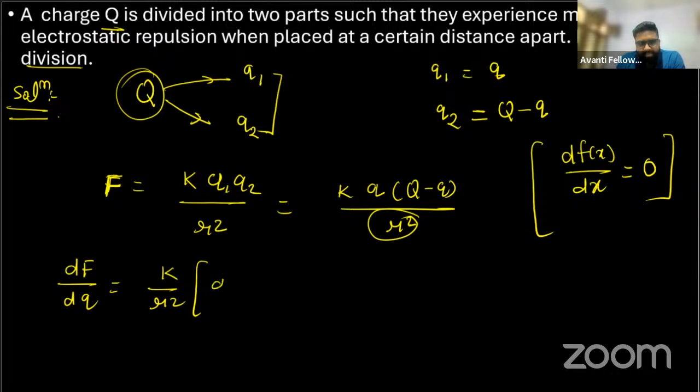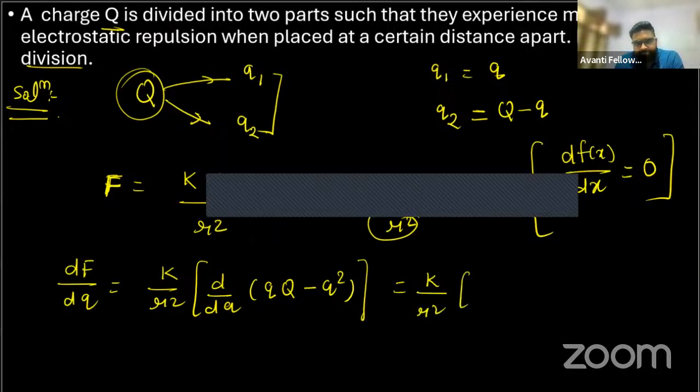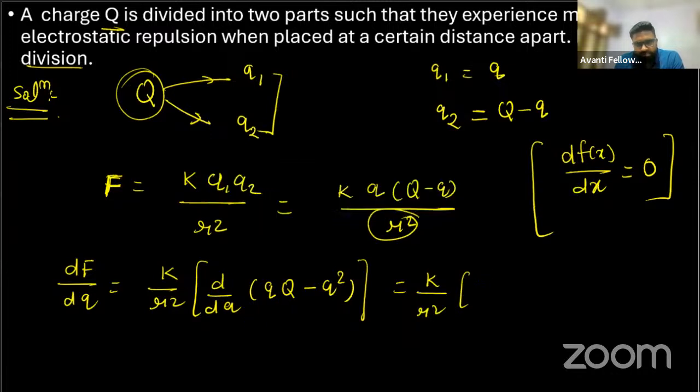When you multiply it, d by dq, it will become q capital Q minus q square. Now this capital Q is also fixed. So it will become k upon r square d by dq, and differentiation of q will become 1.